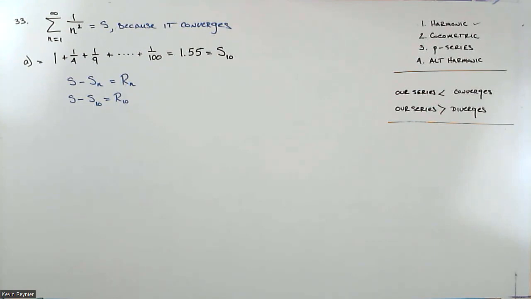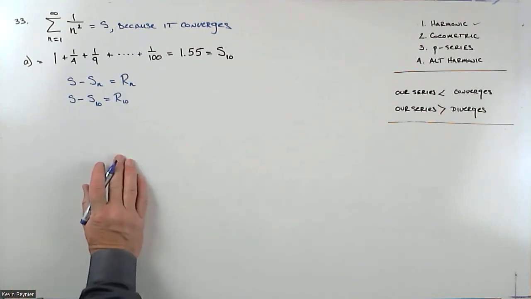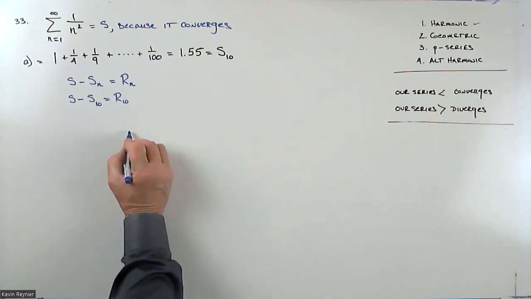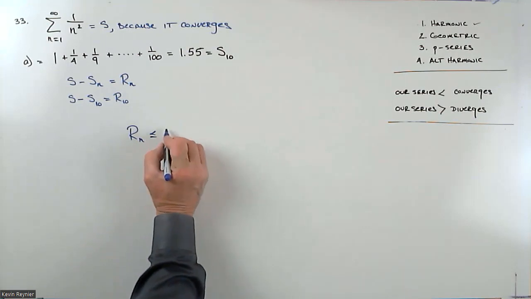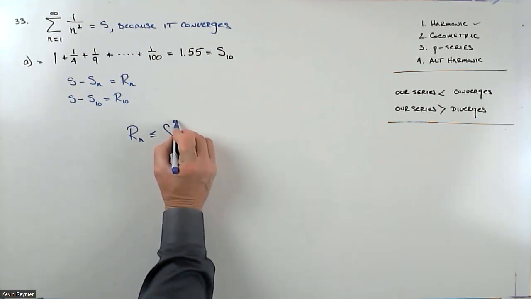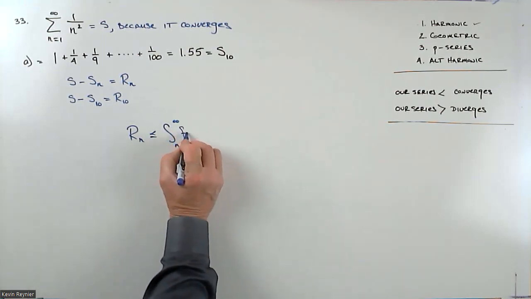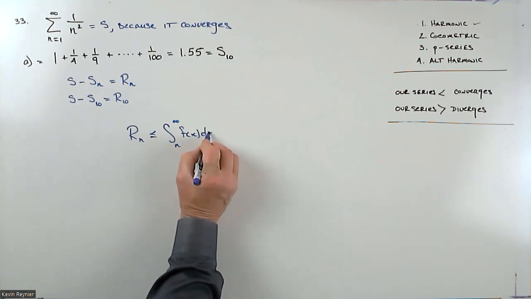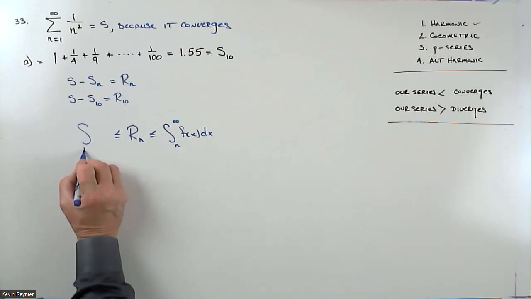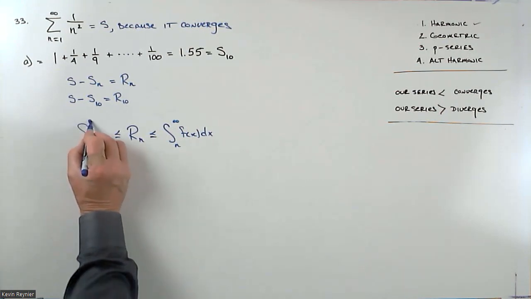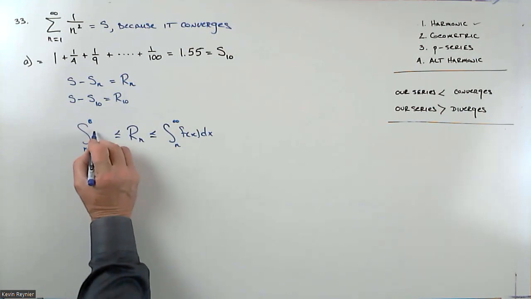Well, we have a remainder estimate for the integral test. It's in the book. And it tells us this. It says this remainder, R sub n, is less than or equal to this, and greater than or equal to this. That's a very bad infinity, isn't it?